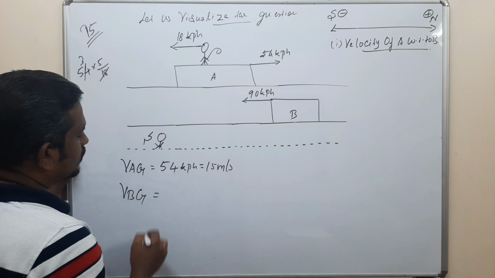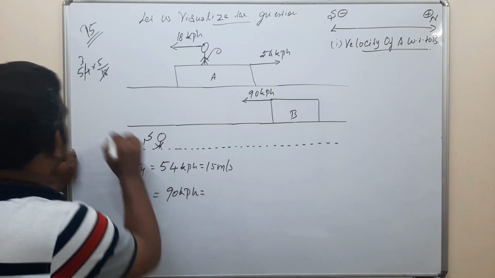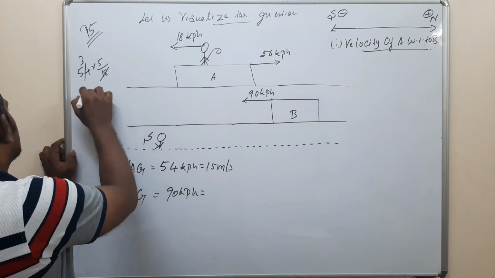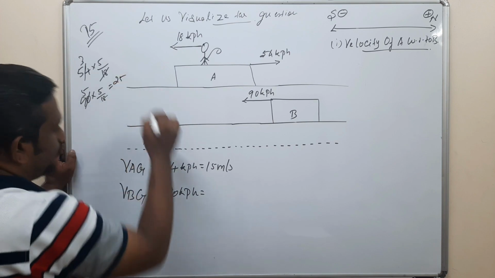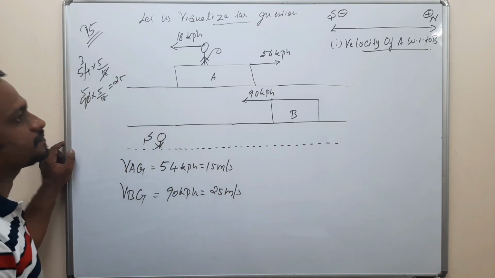VBG, with respect to ground, is 90 kph, which is 90 into 5 by 18, so 5 times 5, that's equal to 25 meter per second.